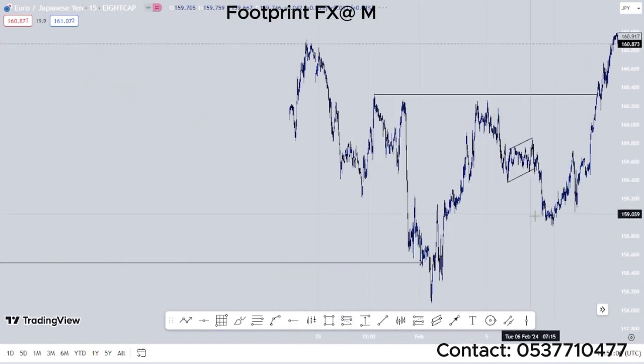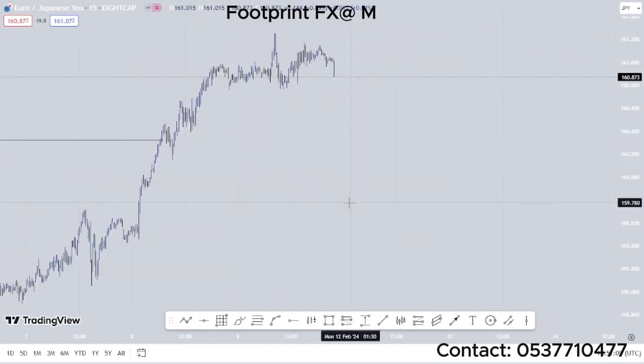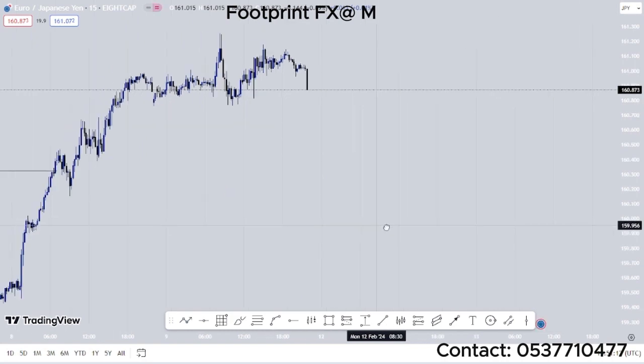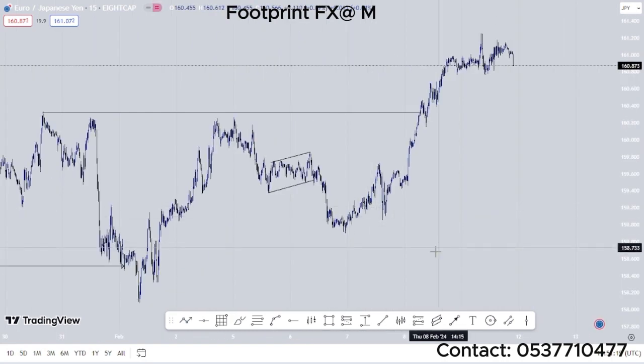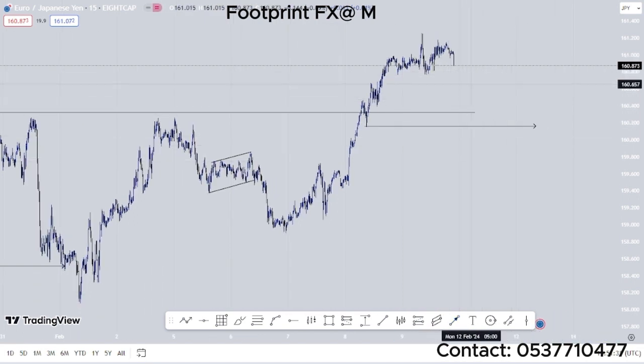Now what we are looking for is whether we are going to get the buy trade. What I will use is the reflection point here and then this footprint. Let's see how price will get to here. If price gets to here relatively like this, then we are going to have a trade.